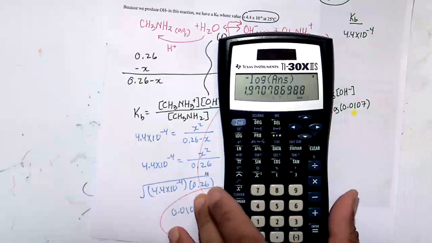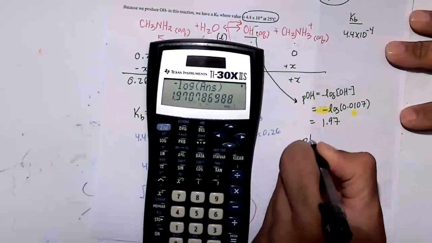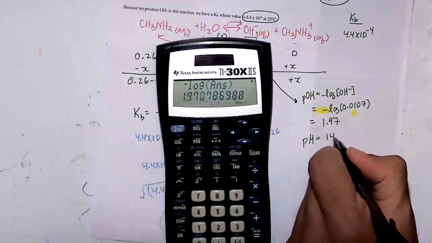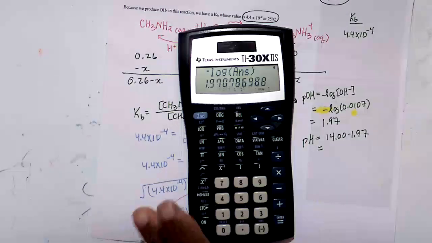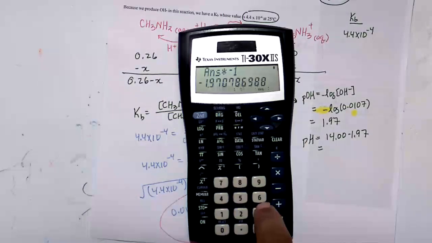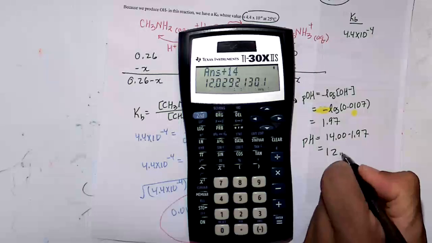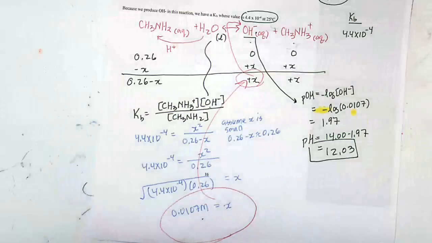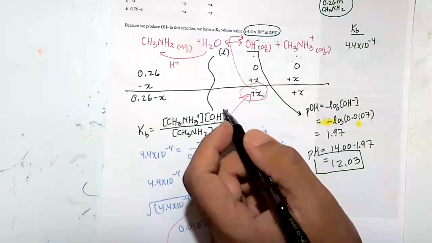About 1.97. So what will that make the pH? 14 minus that. What's 14 minus 1.97? 14 minus 1.97 is 12.03. So that is using the low ionization assumption for a weak base.